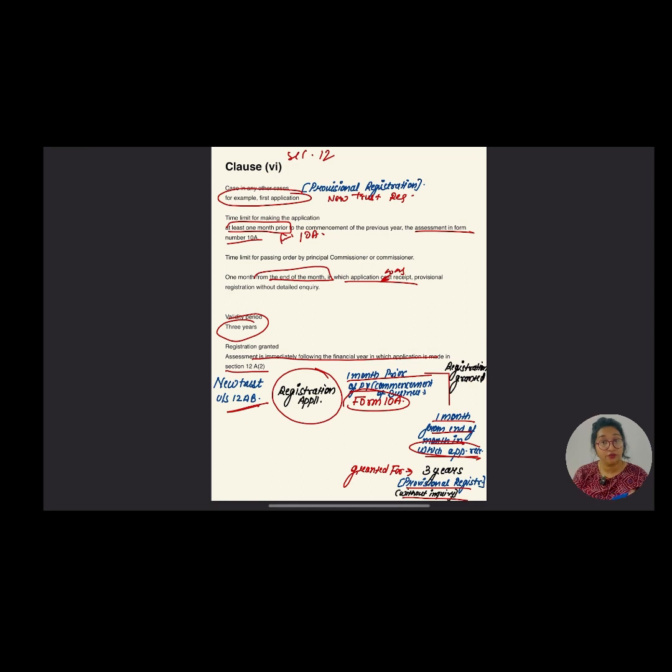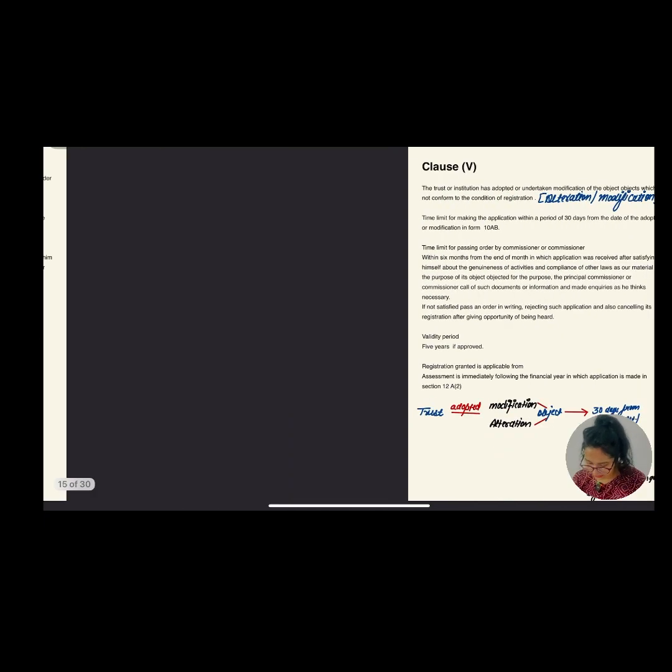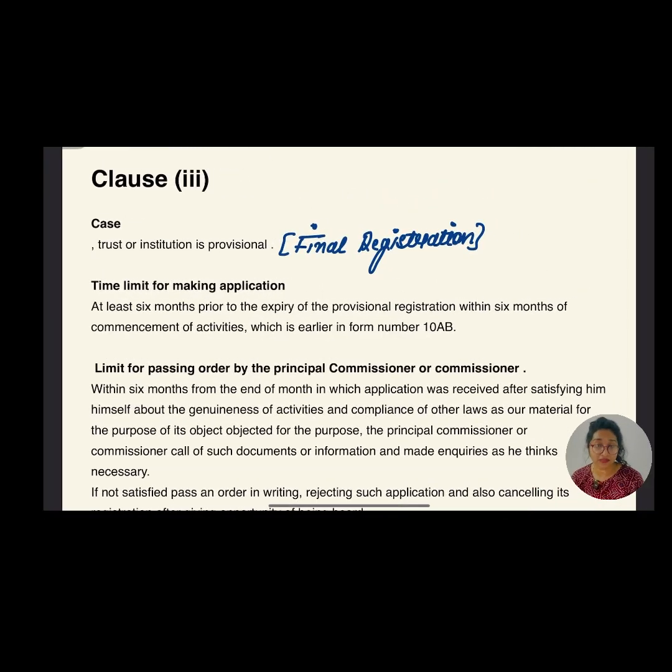Now let's go for the final registration, okay. Just a second guys. So we have covered the provisional registration case. Let's go for the final registration now. Here clause 3 is talking about the final registration.